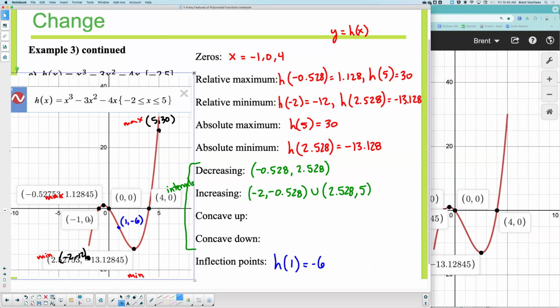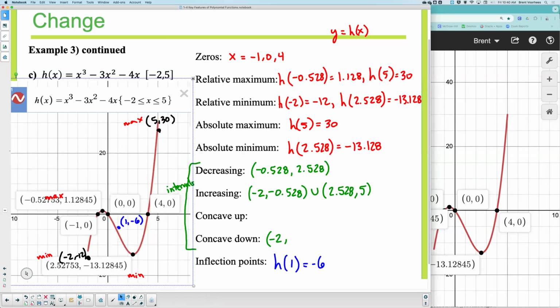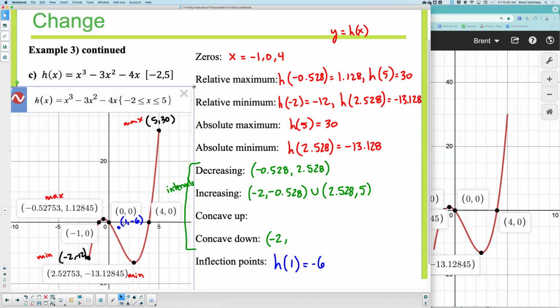So we start concave down from -2 up until, what did I do over here? I just realized I moved my picture somehow. There we go. Let me get this back on the right spot. We're concave down from -2 until the x value of 1, and we're concave up from this value of 1 until 5.